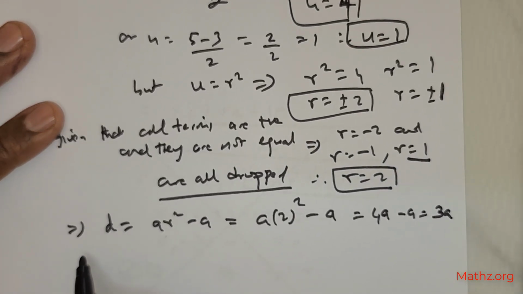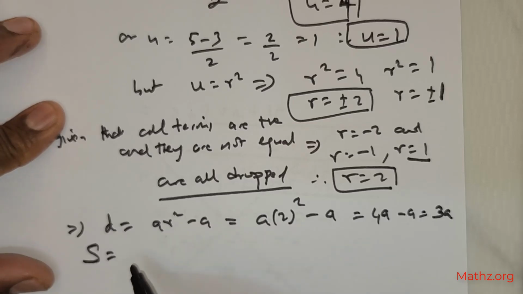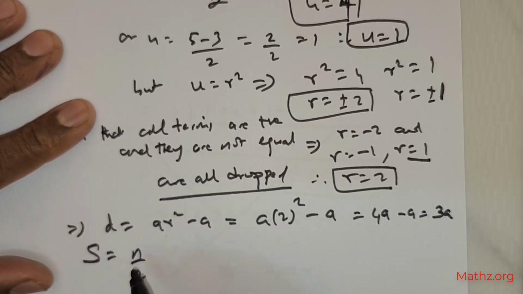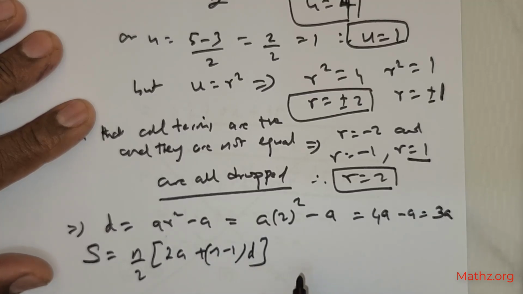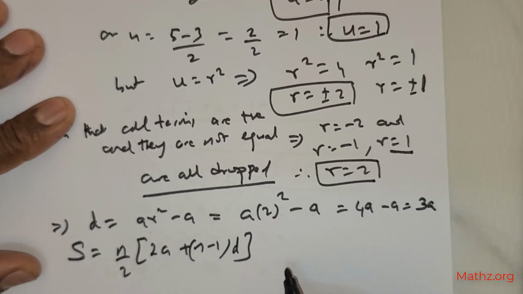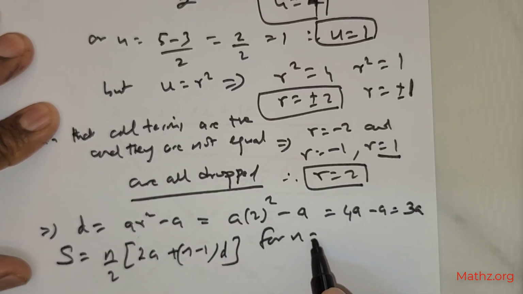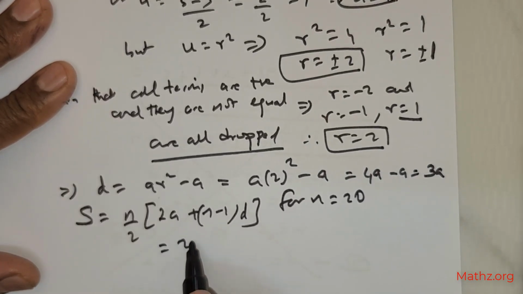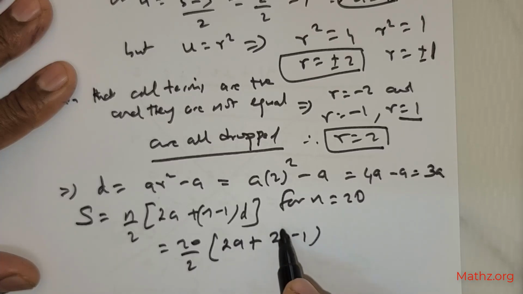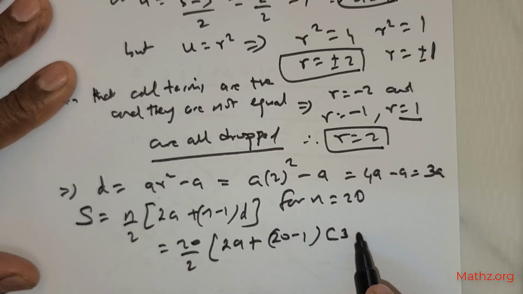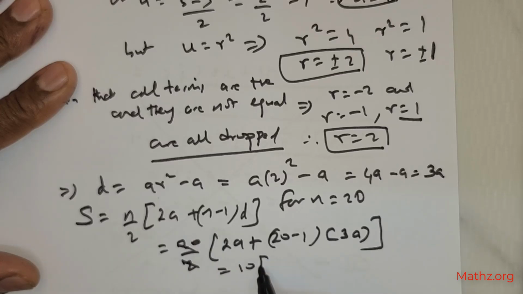Now we need to get the sum of the AP for 20 terms. So this is the formula. S is equal to n over 2 times 2a plus n minus 1 into d. So you substitute for n is equal to 20. This is 20 over 2 times 2a plus 20 minus 1 times d, which is 3a. So this would give you 10 times 2a plus 19 times 3a.